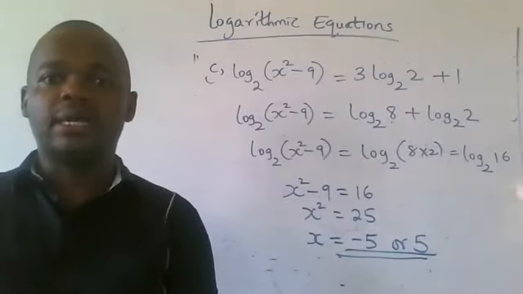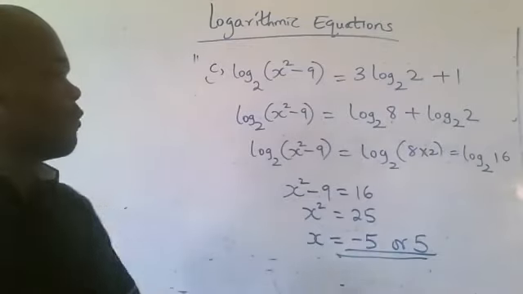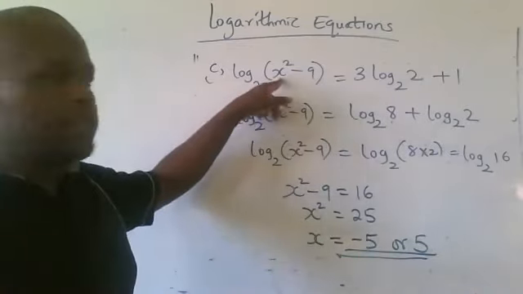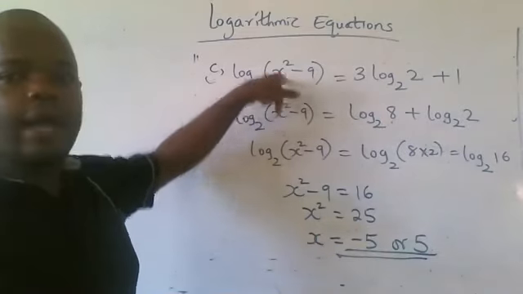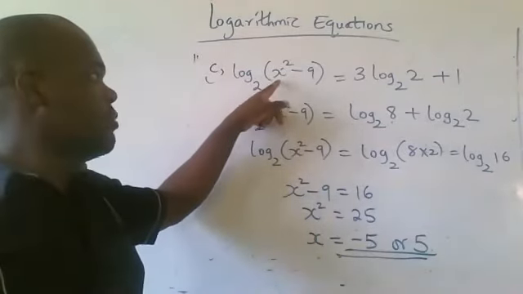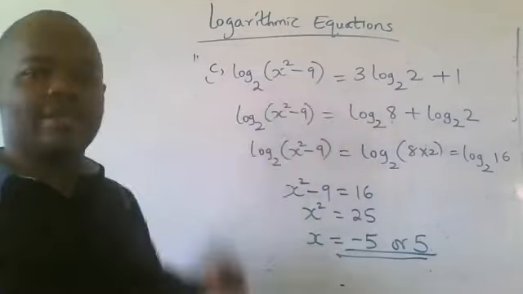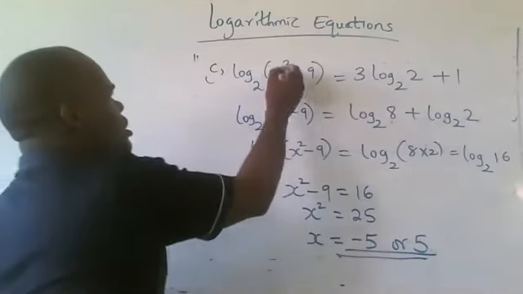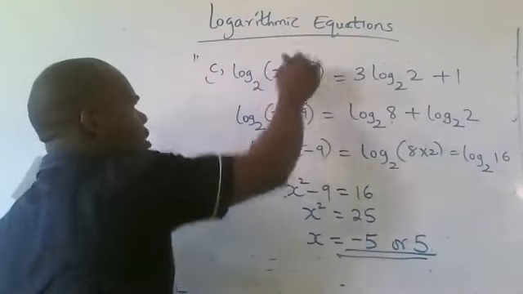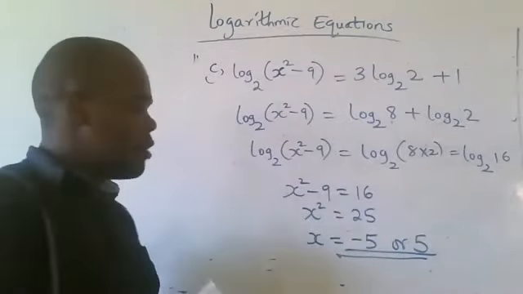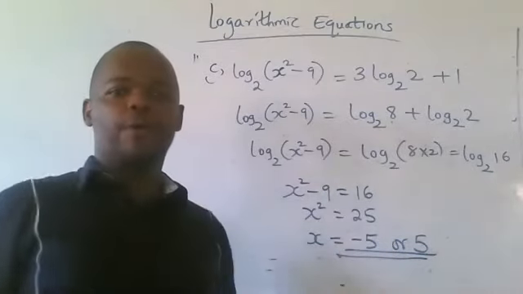Why is that the case? Because if you go back here, if I put negative 5 and I square it, it will be 25, then minus 9 is 16. So because of the way the expression is, we accept both values.